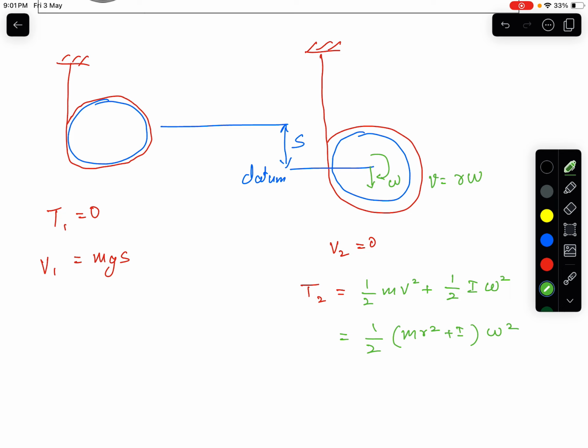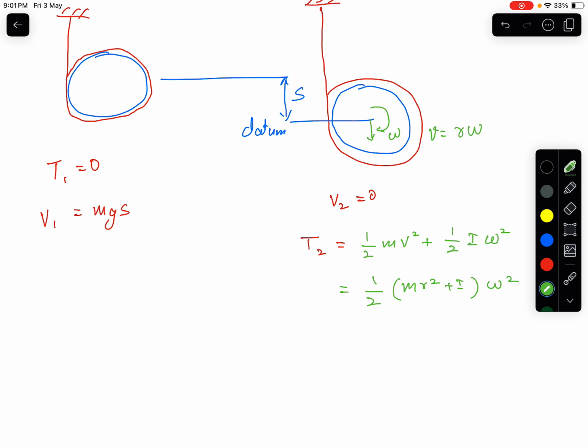So now you can write from conservation of energy. There are no other forces acting on this body.